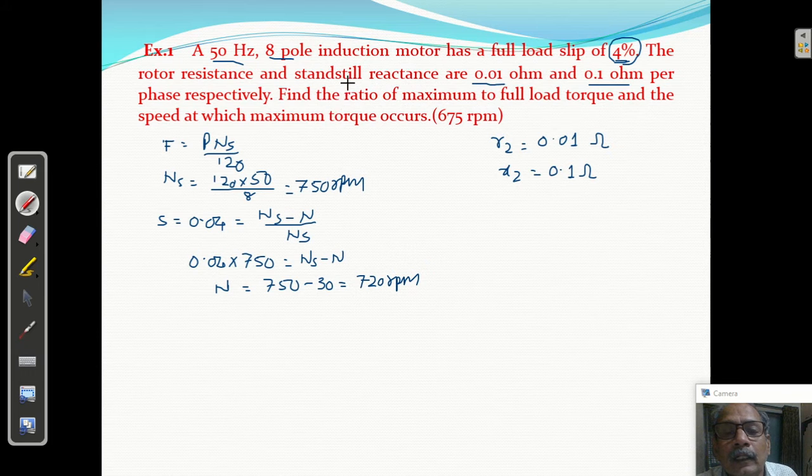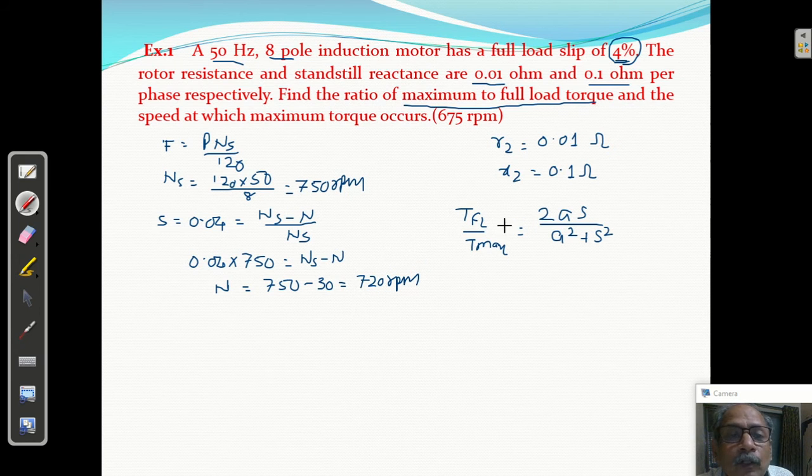Now we have to calculate the ratio of maximum to full load torque. We know the formula: T full load upon T max equal to 2AS upon A square plus S square. This is the formula we have derived.